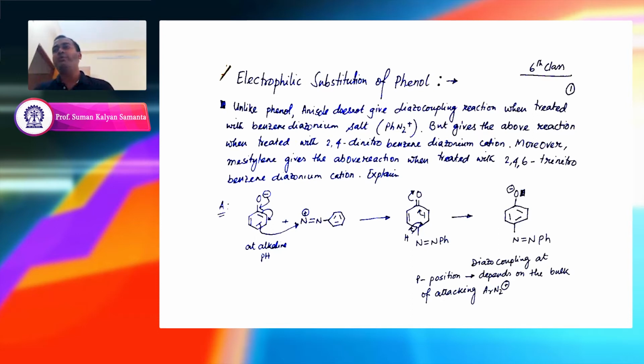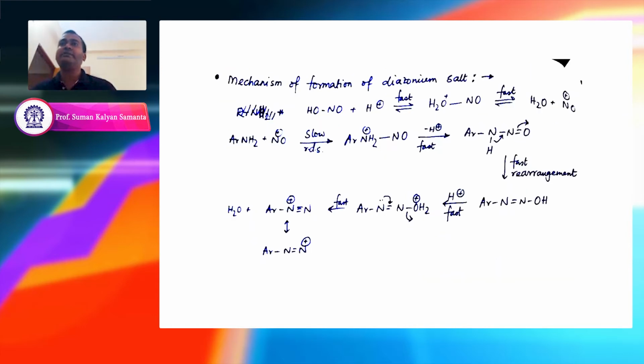Okay. So what will happen if you add aniline and sodium nitrite in acidic medium? So let's first see that one. Then I will come back to this slide. Yeah, this is what it is. So when you take sodium nitrite, NaNO2, you can write it in this way, NaO-NO.